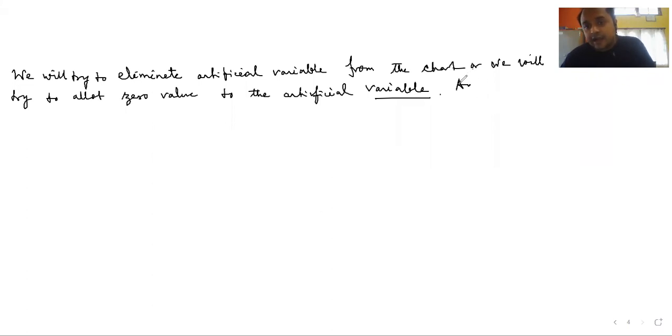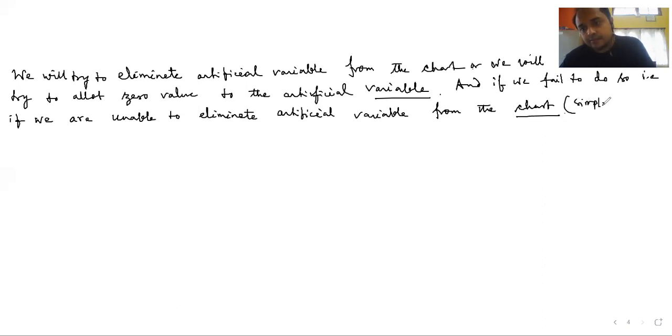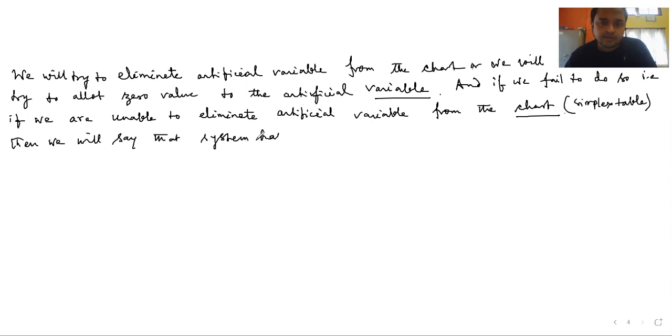And if we fail to do so, that is, if we are unable to eliminate the artificial variable from the chart, by chart I mean the simplex table, then we'll say that the system has no solution.